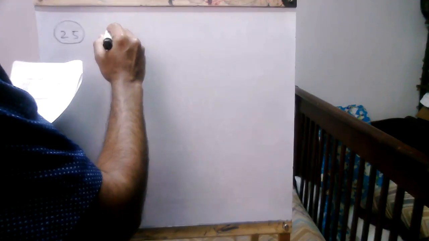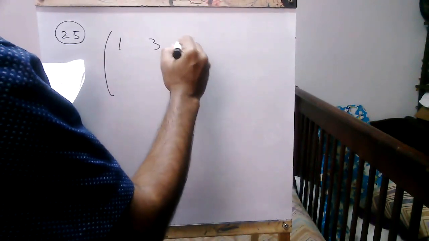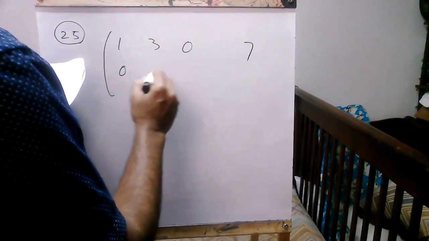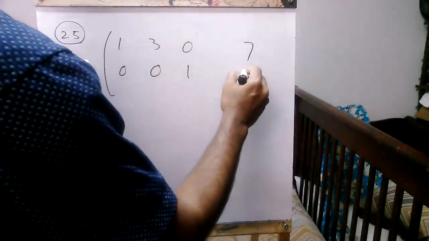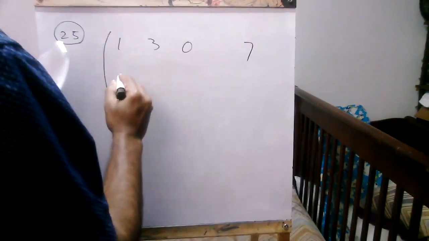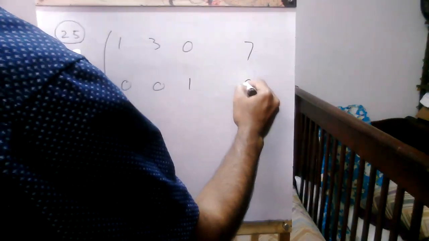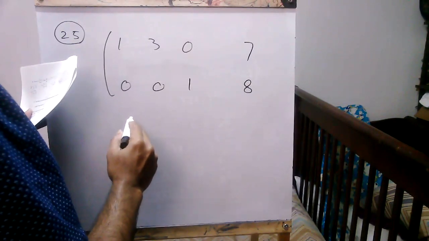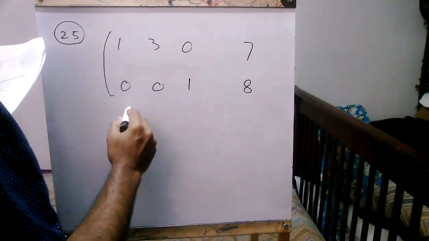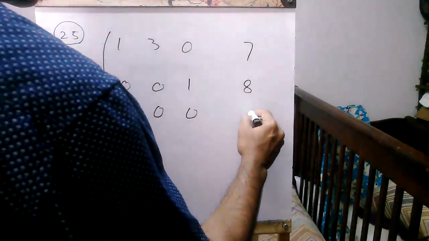Is this one: 1 3 0 7, 0 0 1 8, and let me leave some space here, 0 0 0 0.